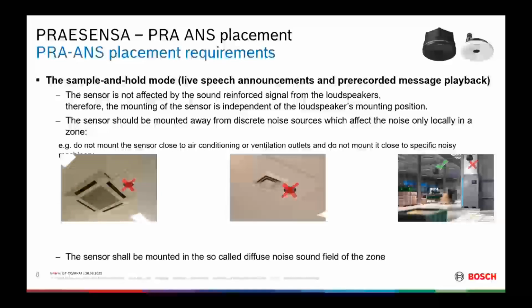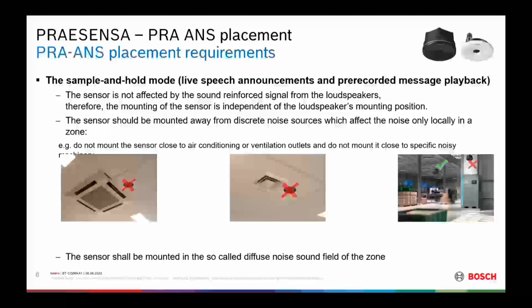If you have some local noise sources like an exhaust of an air conditioner, a vent outlet, or any machines that produce noise only in a certain part of an area, but not affecting the whole zone, it would not be optimal to place a sensor right next to such a noise source, because you would detect too high a noise level, meaning the audio broadcast in the rest of the zone might be too loud. So you would detect false information. So this should be avoided.